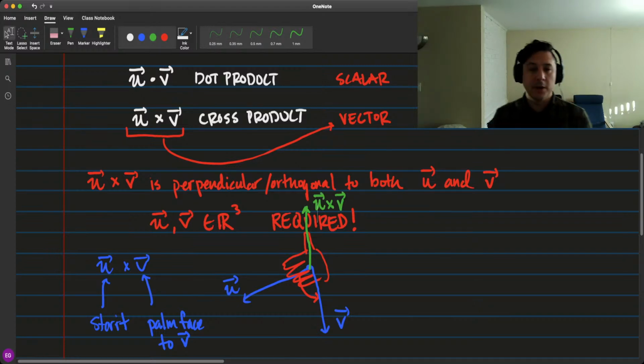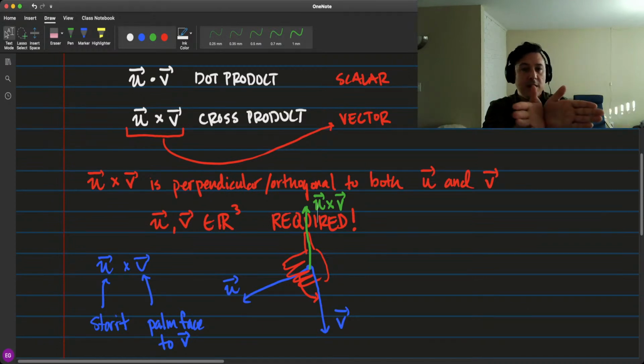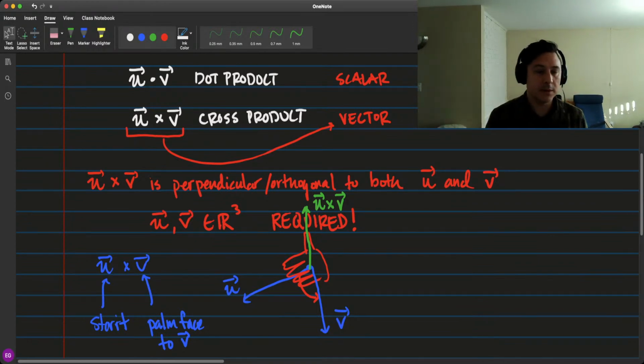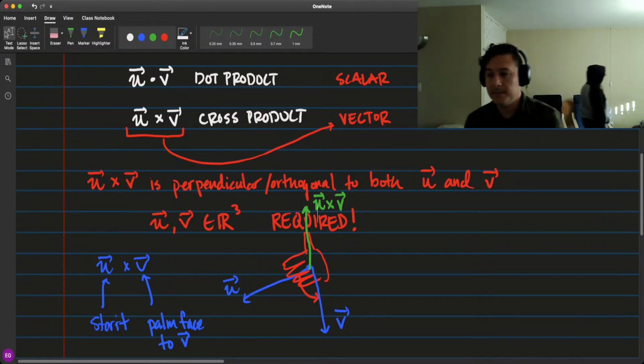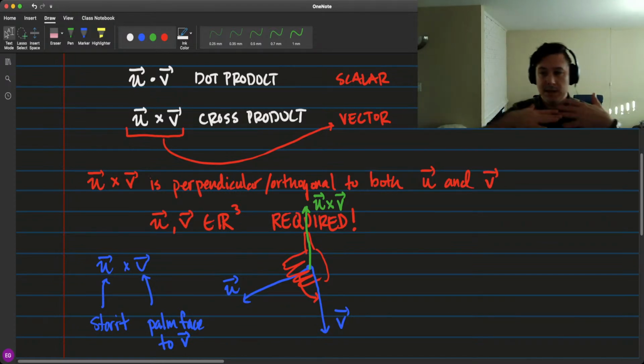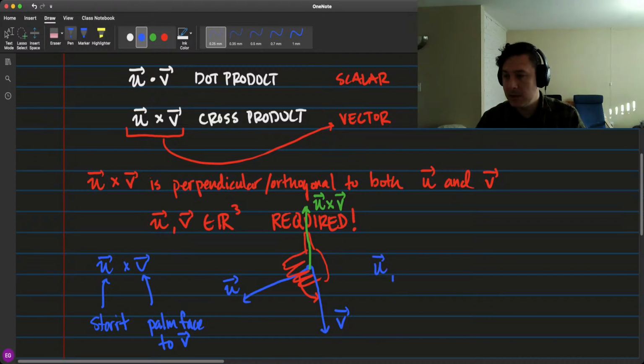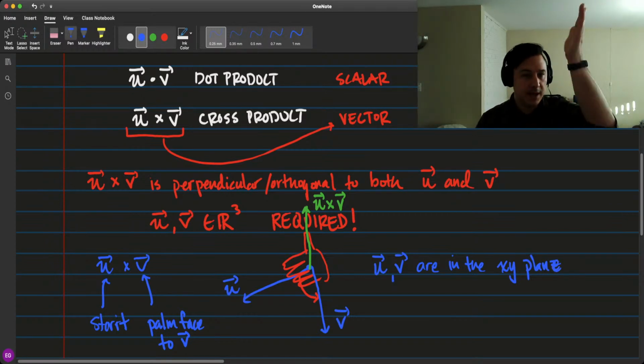Notice it's perpendicular to both of them. So you can imagine u and v are in the xy plane, right? This would be my u, this would be my v, and then u cross v goes up here with my thumb. So u cross v would be up with the z-axis.